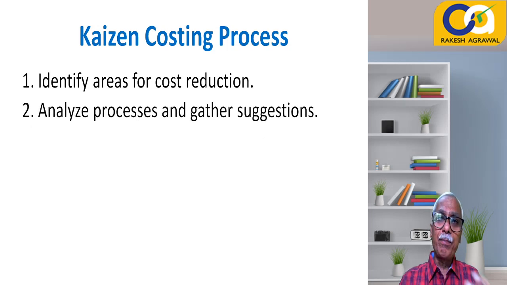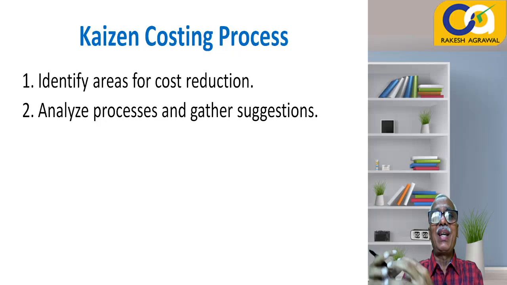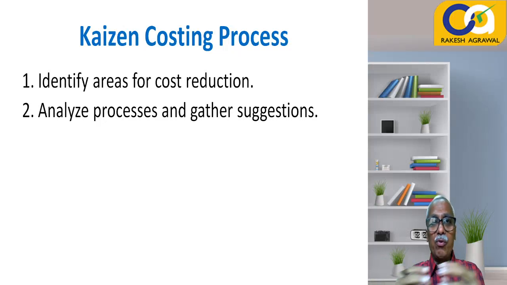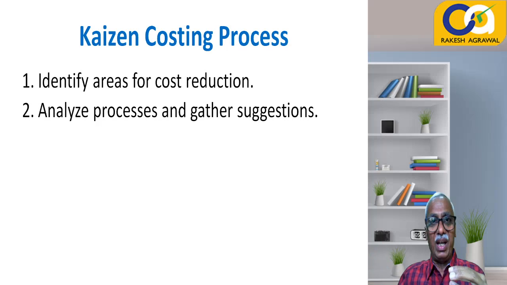Then you have to analyze the process and gather the suggestions. We have to analyze the present process through which that product is getting manufactured. Analyze it carefully. Here we can use value chain analysis. You have to find all the operations which you are carrying out in a chain, whether they are adding value or not, ultimate value or not.